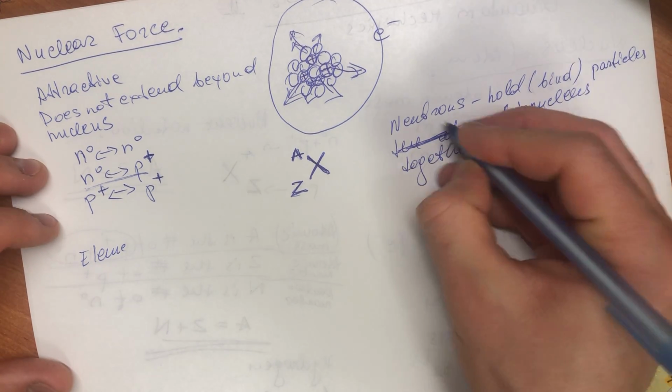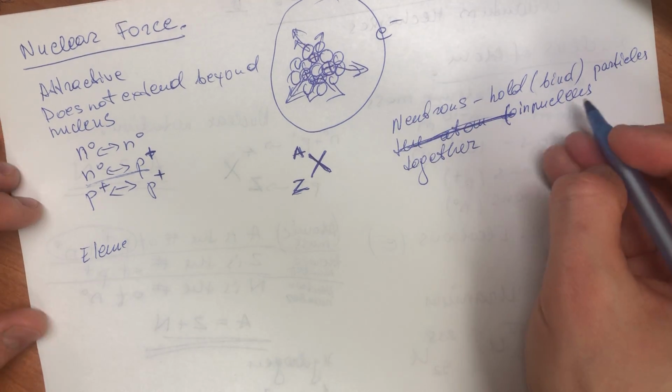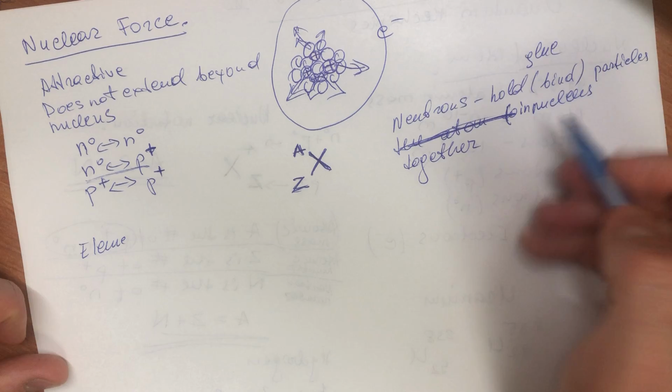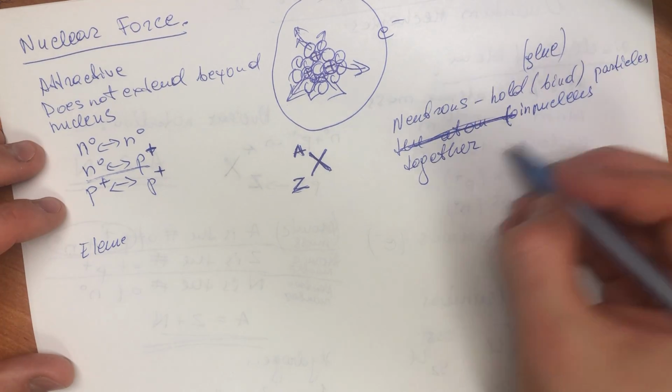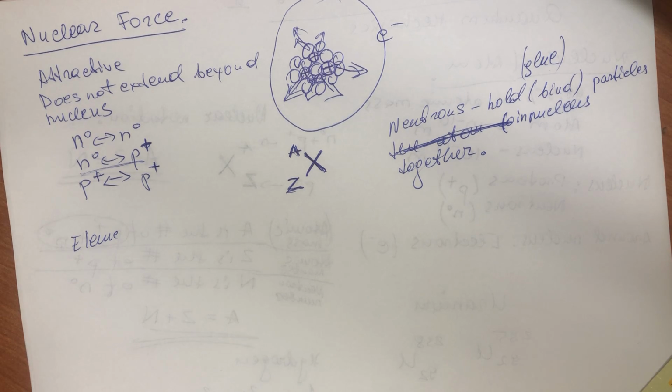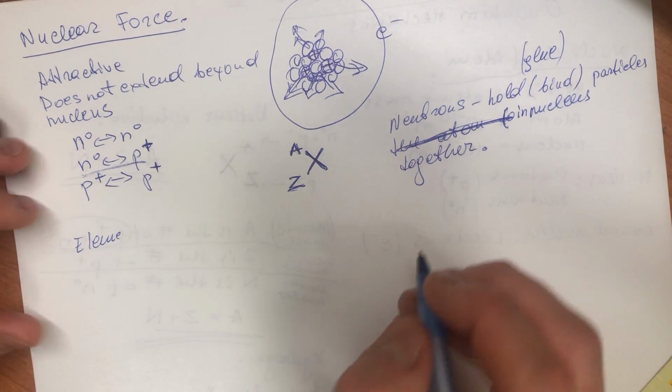So neutrons are like glue. They hold, bind, or glue particles in the nucleus together. So that's what they do. It is their function.